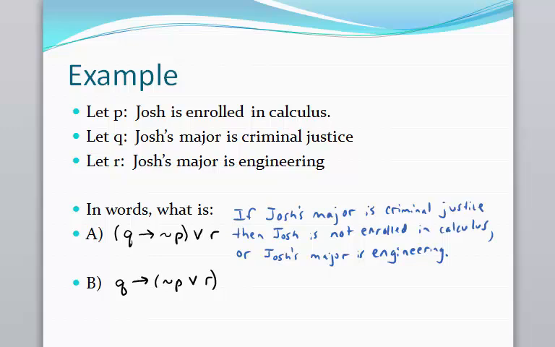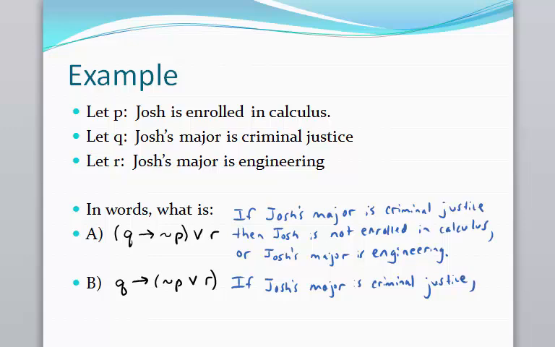Again, we see the arrow, which is an if-then statement. So we have the arrow next to the Q. So we're going to go ahead and write down if Josh's major is criminal justice. And I'm going to put a comma there because remember that the parenthesis separates the two parts.